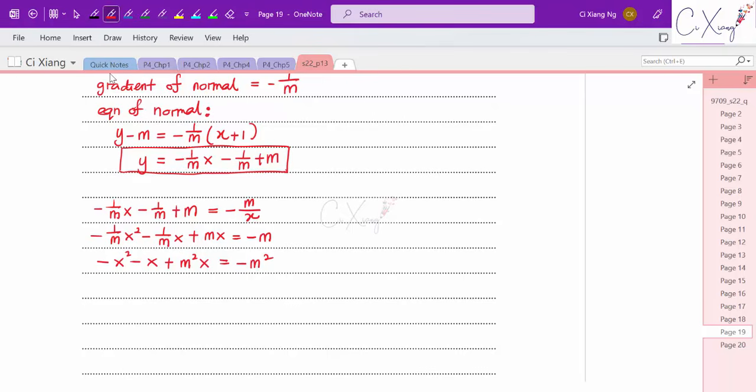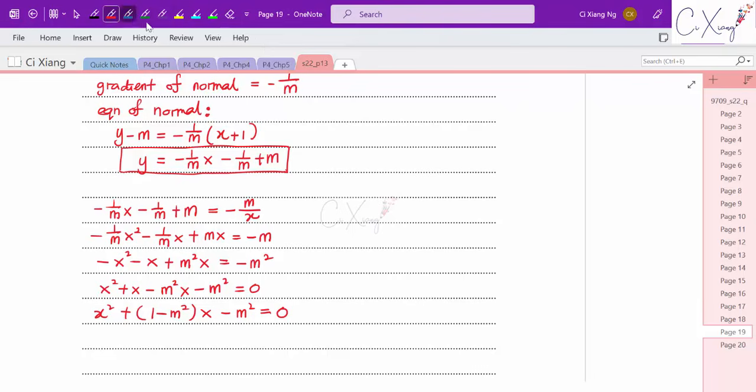Okay, so I want to rephrase my whole equation now slowly. Okay, so I move everything over first. So I will have x squared plus x minus m squared x equals 0. And then I want to rephrase it into a quadratic form equation. Okay, so this is what I have for the quadratic form equation.